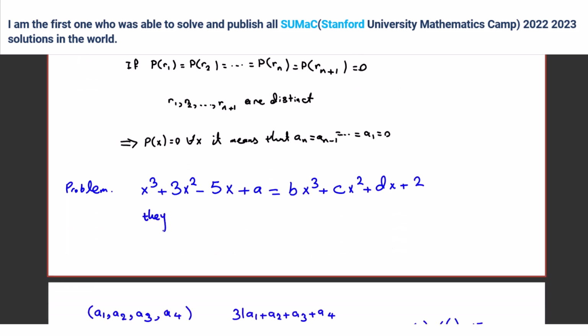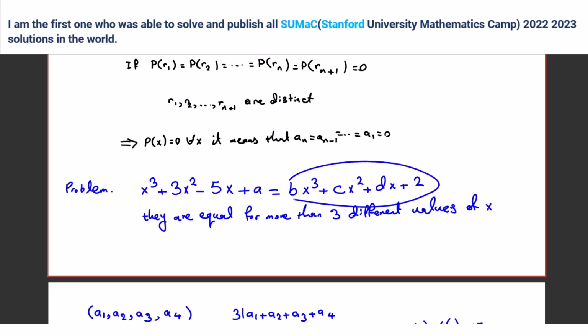And they are equal for more than 3 different values of x. It means that if you plug in x1, they are equal. If you plug in x2, x3, and x4, they are equal. More than 3 different values means at least 4 different values, okay?